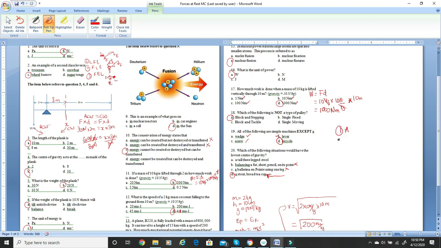So 1 is A, 2 is C, 3 is A, 4 C, 5 B, 6 A, 7 C, 8 C, 9 D, 10 C, 11 B, 12 D, 13 A, 14 C, 15 C, 16 A, 17 D, 18 A, 19 D, and 20 D.